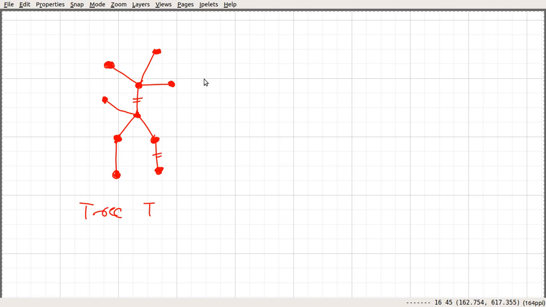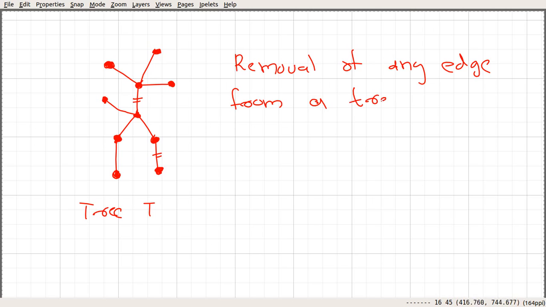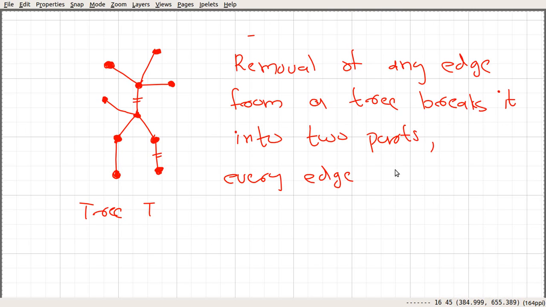That says removal of any edge from a tree breaks or disconnects the tree into two parts. So every edge of a tree is a cut set.